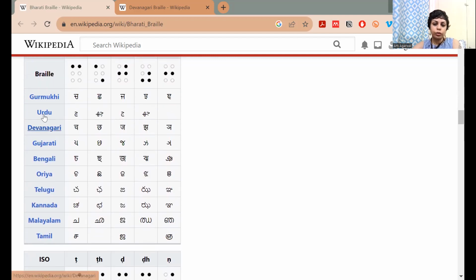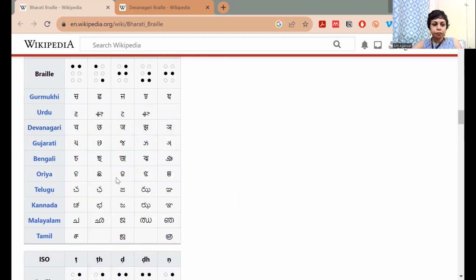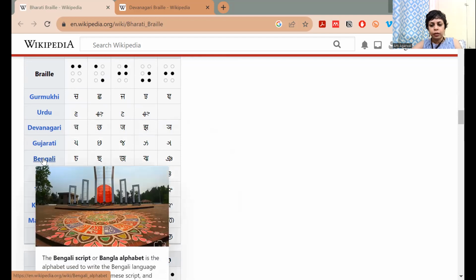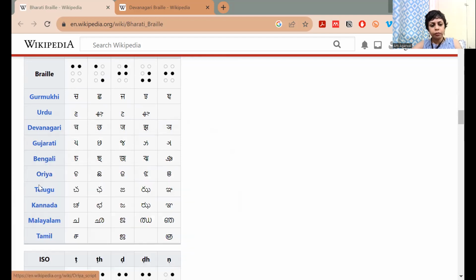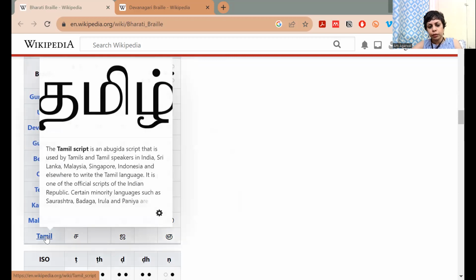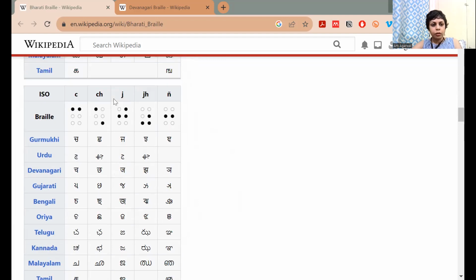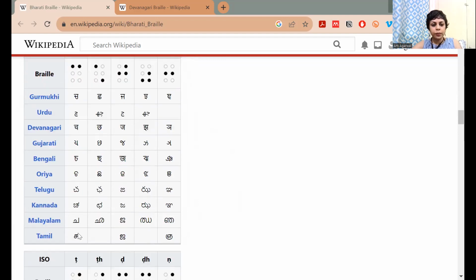There's Gurmukhi, Urdu, Devanagari, Gujarati, Bengali, Odia, Telugu, Kannada, Malayalam, Tamil. Some sounds may be missing in some languages, like ch and jh are missing in Tamil.